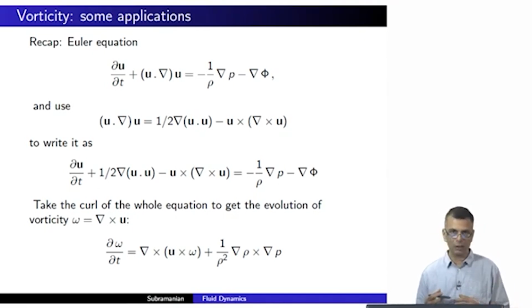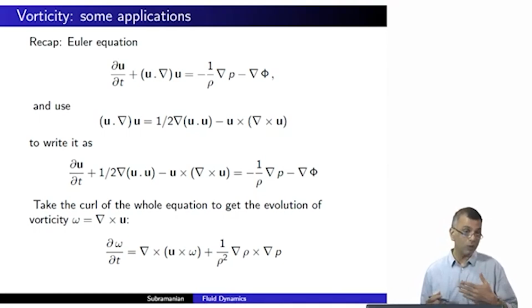It's a dynamical equation for the evolution of vorticity, and we will use that equation to illustrate some other real life examples, such as the lift on a spinning ball. This is something that people who play tennis topspin are familiar with. We will discuss this when we come to it, and in order to understand that, we need to understand vorticity and the evolution of vorticity.